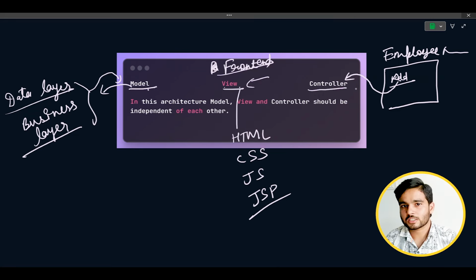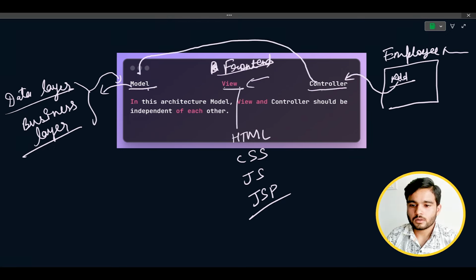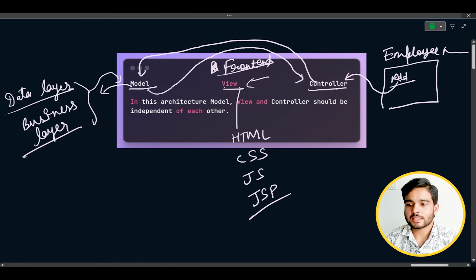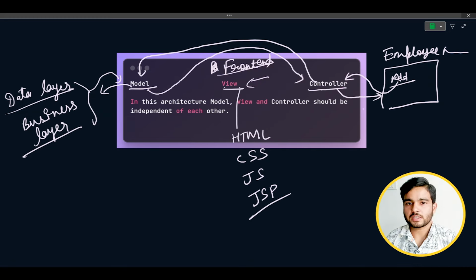The controller is responsible for verifying the request, and after verifying the request, it will ask the model to add the data into the database. After adding the data into the database, the model will send a response to the controller that I have added the data, and then the controller will send that response to the user interface to show in front of the user that the employee has been added with a specific employee ID.